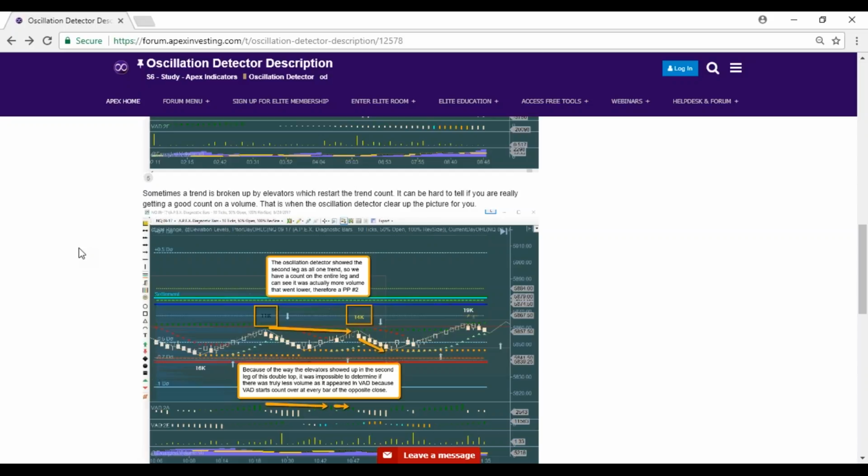Let me clarify and make sure everybody understands this: oscillation detector does not in any way, shape, or form change the power play rules or the power play setups. It's just a different version of looking at volume than what VAD is. It's still the same rules of needing more volume or less volume.